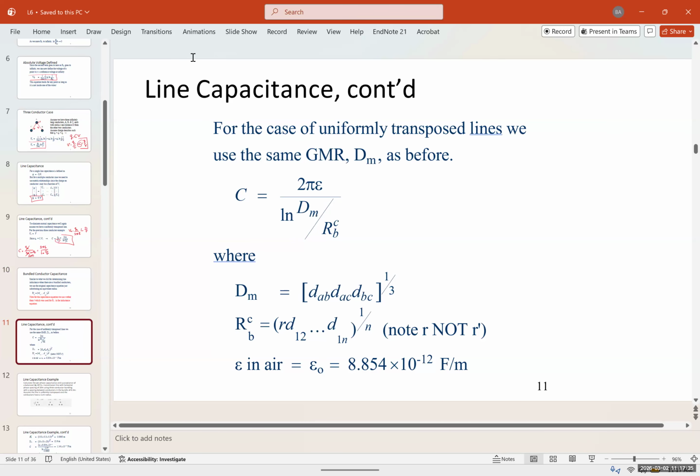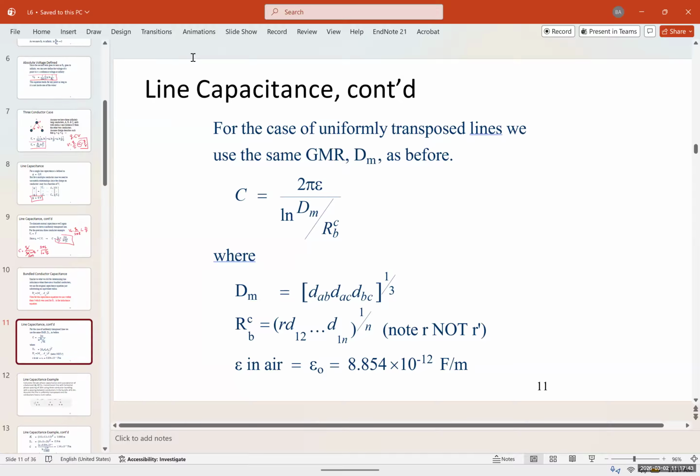Now, for the case of uniformly transposed lines, we use the same GMR and DM as before. By the way, you don't need to memorize any of these proofs. That's just the final equations that we have.